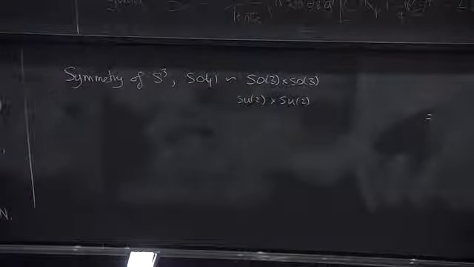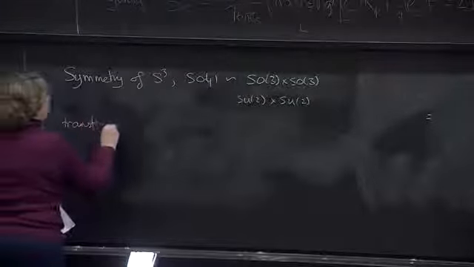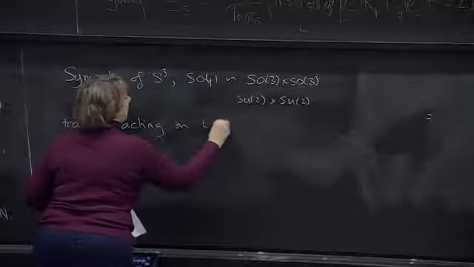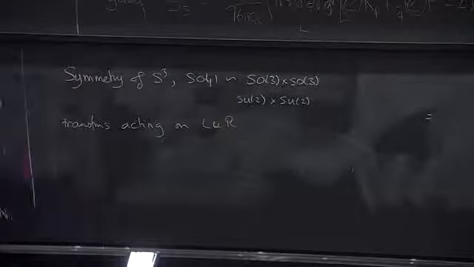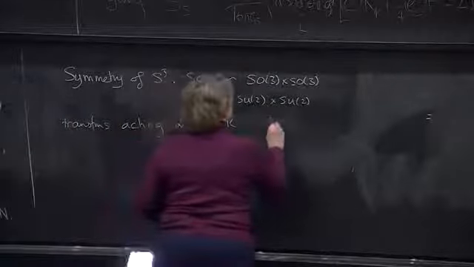And so you actually see this as the transformations acting on left and right. So we have both a left action and a right action of SO3, and this gives us 2 SO3 Killing algebras.